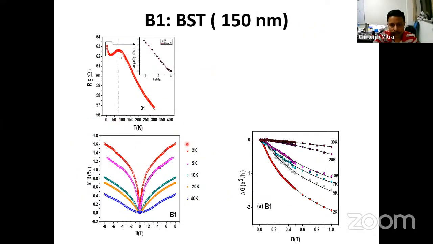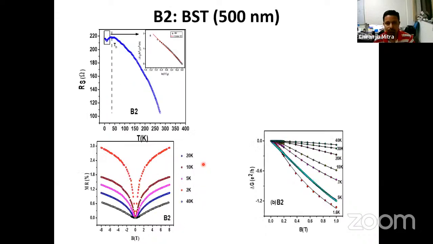What we see here is that in both these cases, alpha is more or less independent of temperature for a reasonably larger range of temperature. However, for the other case, we see that it grows with temperature.